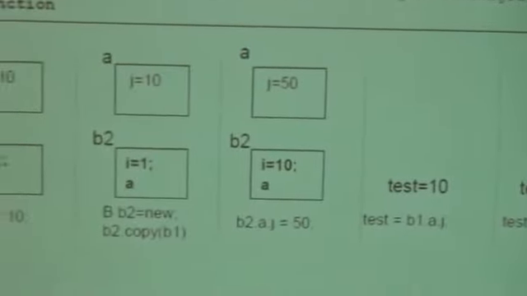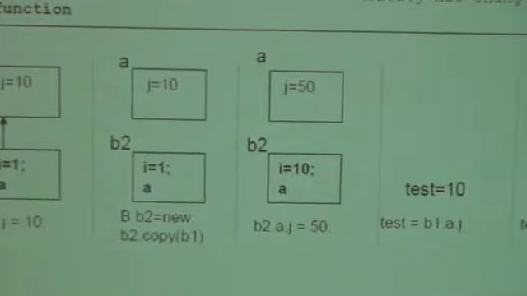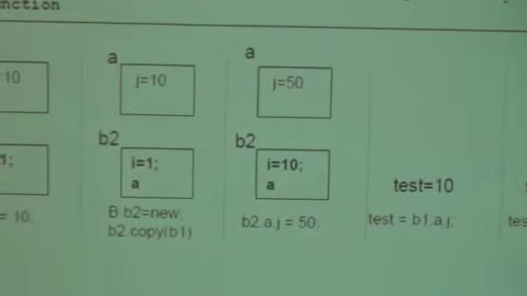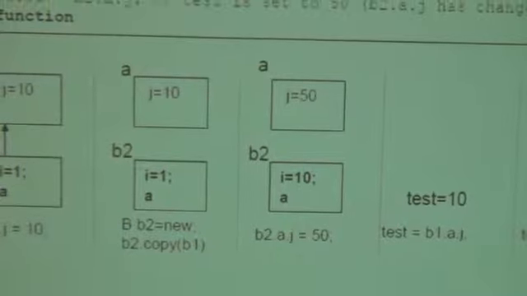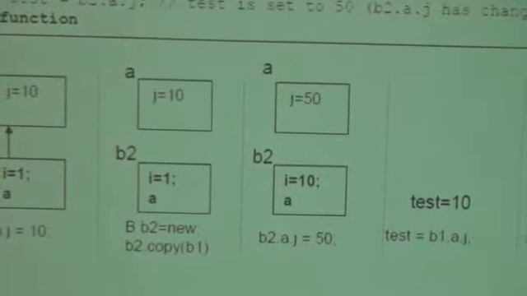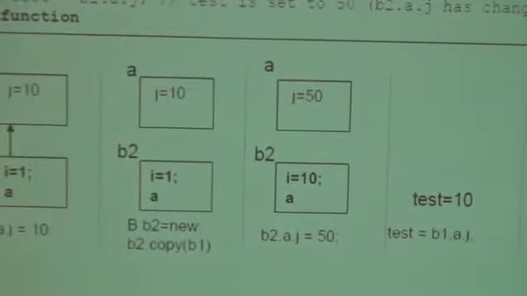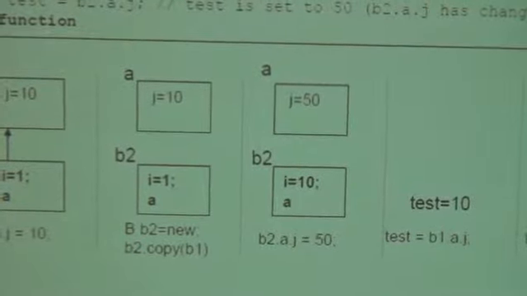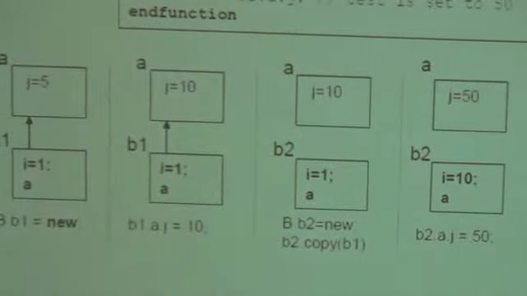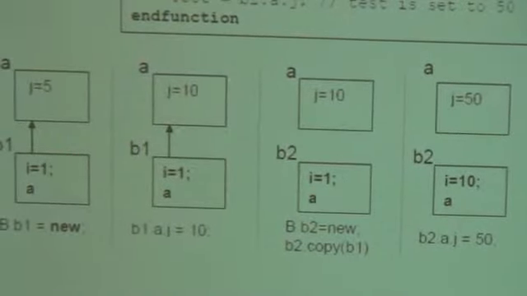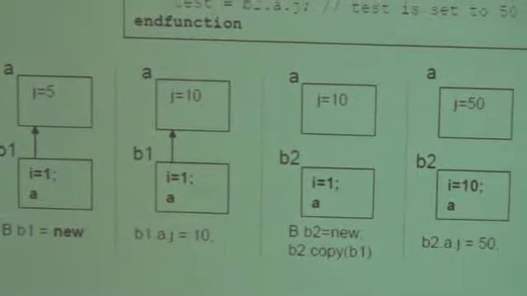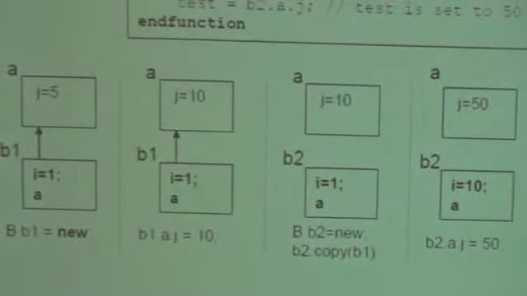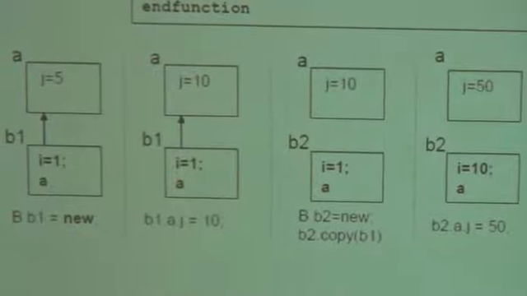At the same time b2 is equal to new, and it also consists of its own object for class B and an object for the instantiated class, that is class A, by the object handler A, and it consists of j equal 10. That means both b1 and b2 have their own object handlers for their own class, as well as for their instantiated class, the class which is instantiated in that class.